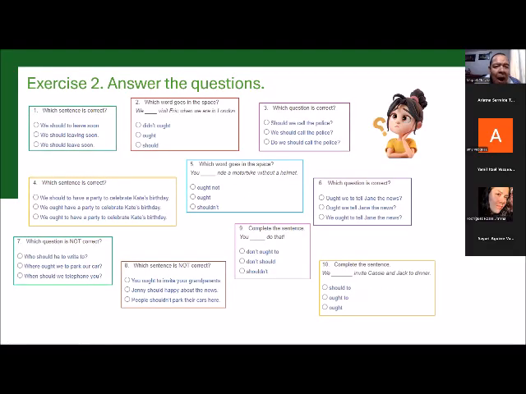Exercise number 2. Answer the questions. You are going to read the questions on each number and then choose again the correct option, please.